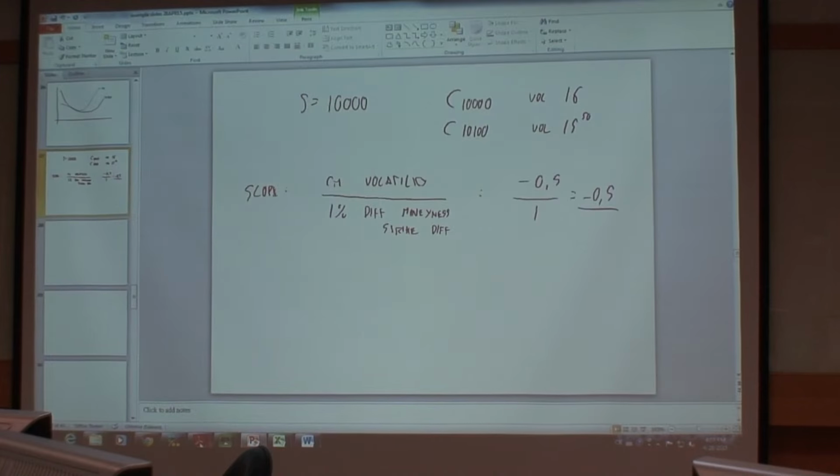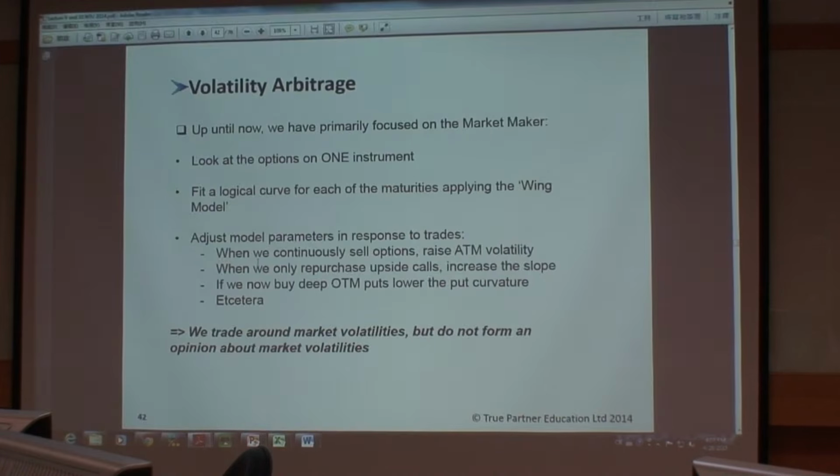But you can also say, I'm going to look within the market, and I'm going to say, do I agree with these market volatilities? So the market maker has no opinion. Market maker continuously adjusts to the market. So he trades around market volatility, but he doesn't really have an opinion about them. As long as he can trade in and out, he'll make money.